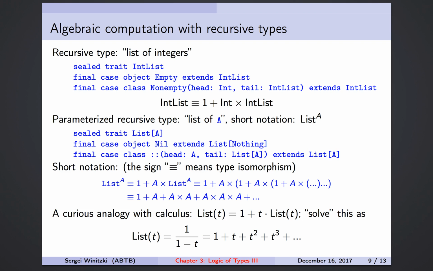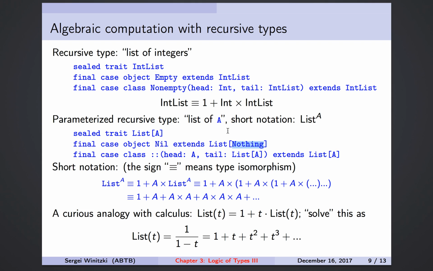Let us add a type parameter, so not just always using integers as the elements of the list, but let's do type A, any type A. So the short notation for that would be like this. Okay, we define exactly the same thing. Actually, there are different ways of defining this. One is like this. So we introduce a type parameter, and the case object extends List with the type parameter Nothing.